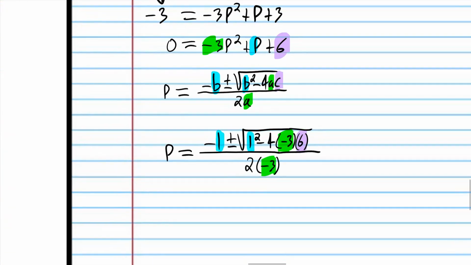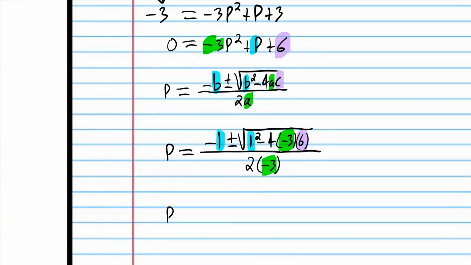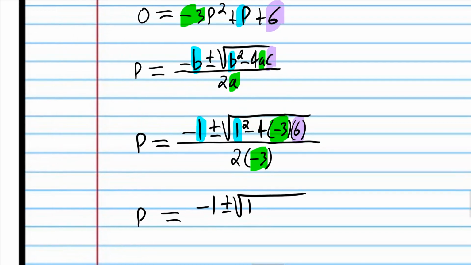Okay, so now we just have to simplify. So we have negative 1 plus or minus root 1 squared is 1 minus 4 times negative 3 times 6. So we're going to have minus 72, it looks like, or minus negative 72.